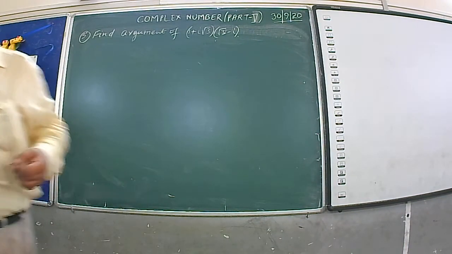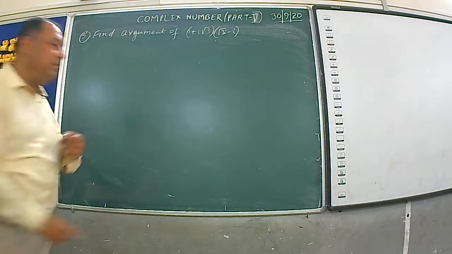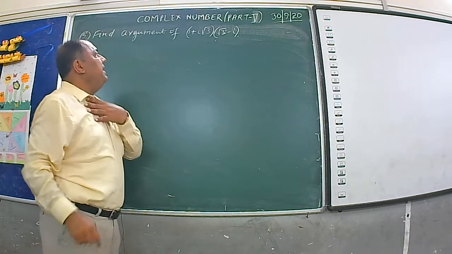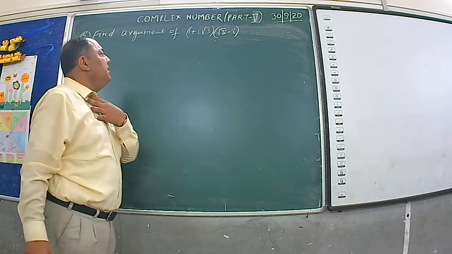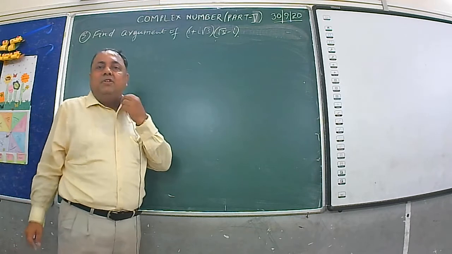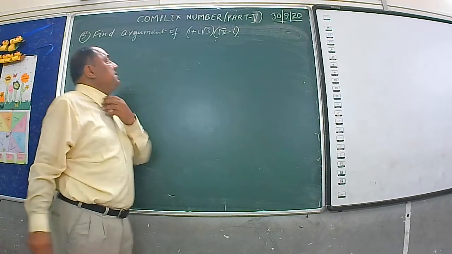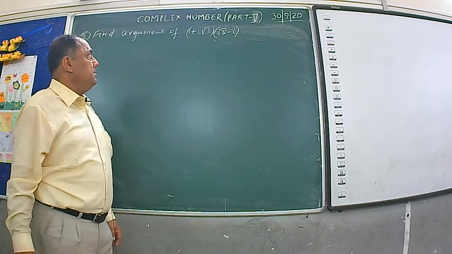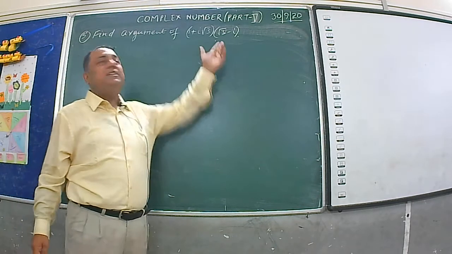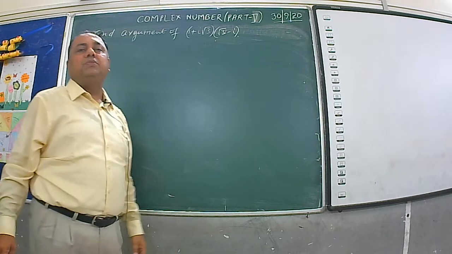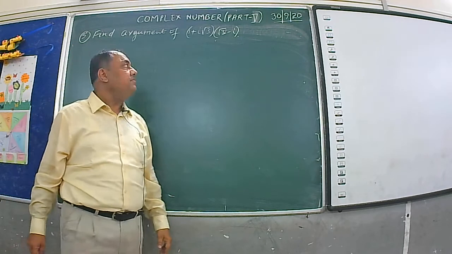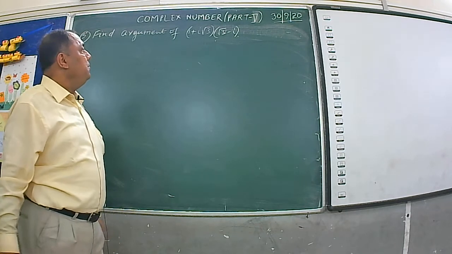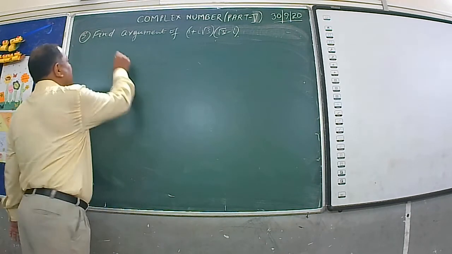Of this particular complex number, there is not one complex number but two complex numbers. 1 plus i root 3 is one complex number, and it is multiplied by root 3 minus i. Now, I have one note to make, note 1.